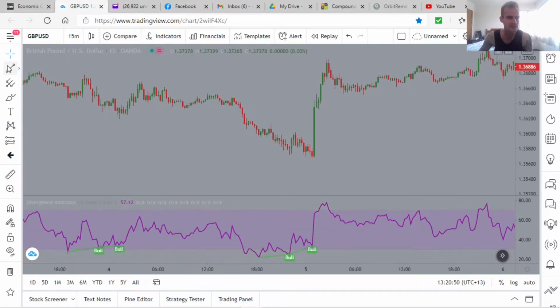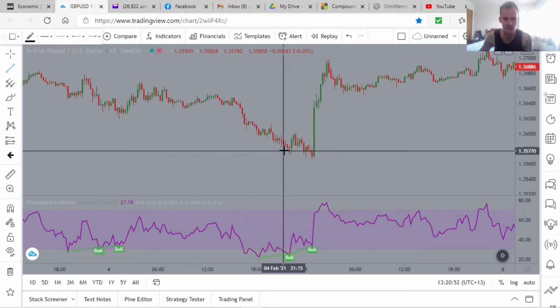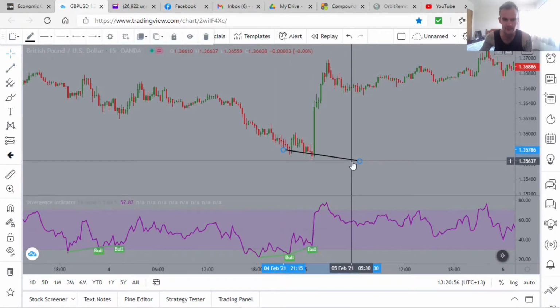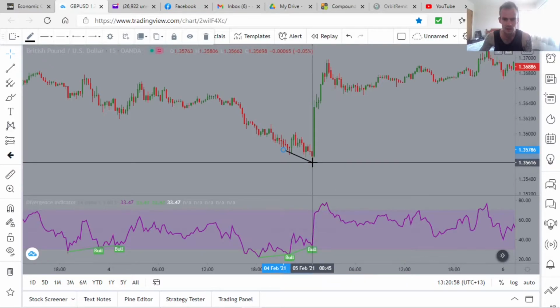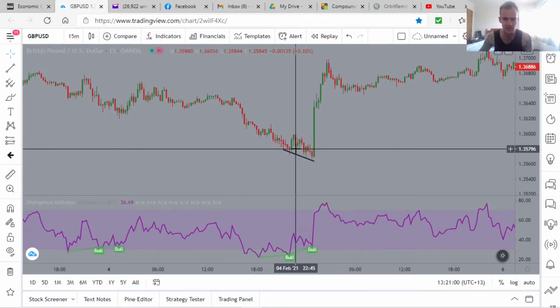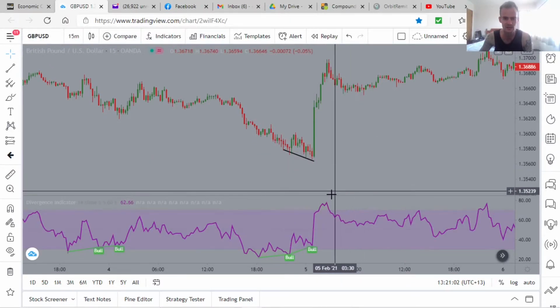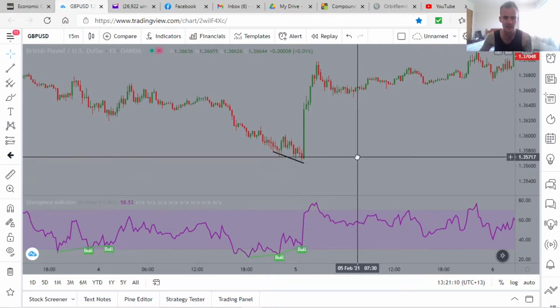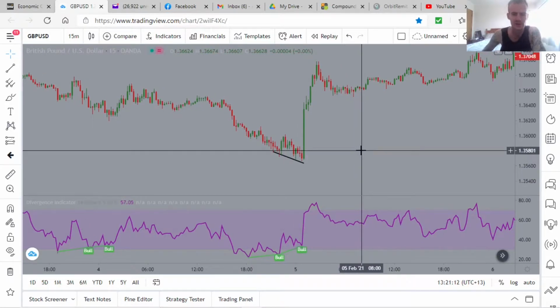So how it works is basically divergence is when the price is doing one thing. The price over here is making lower lows, but the indicator itself is doing the opposite. You can see the indicator is making higher lows or higher highs. So we're looking for divergence to happen.